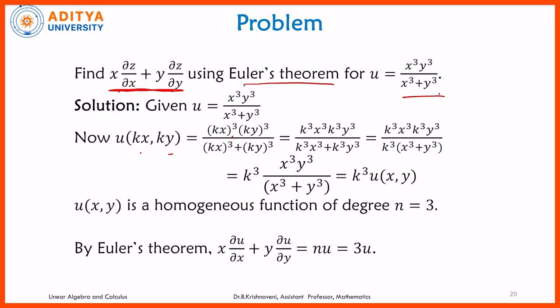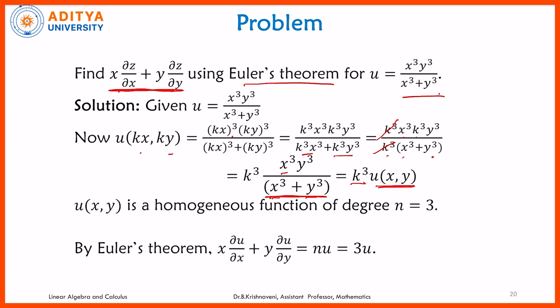On simplification, k³x³y³ divided by k³x³ + k³y³ will be equal to k³x³y³ divided by k³(x³ + y³). Here k³ gets cancelled, and you get k³ times x³y³/(x³ + y³), which is nothing but u(x, y).